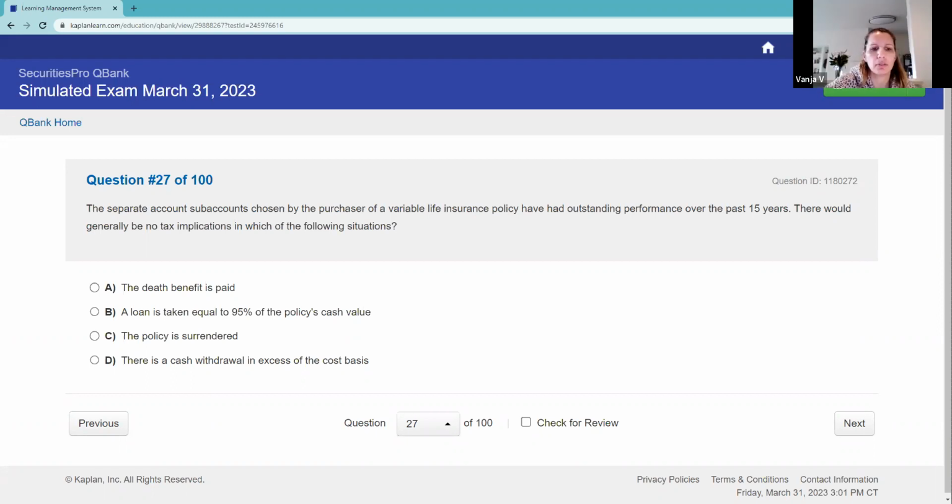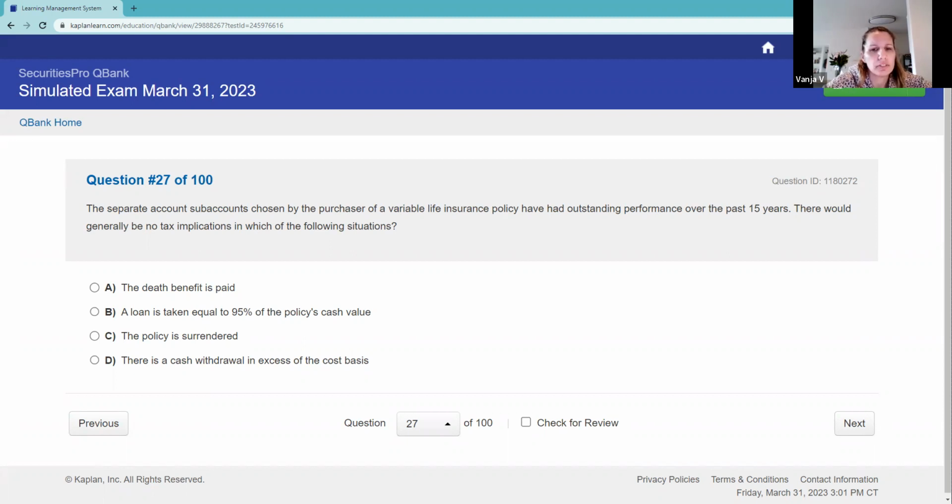The death benefit is paid, a loan is taken equal to 95% cash value, the policy is surrendered, there's a cash withdrawal in excess of the cost basis. Well, it grows tax deferred, so that's not it. So anything above cost basis, it is taxable. No tax implication.